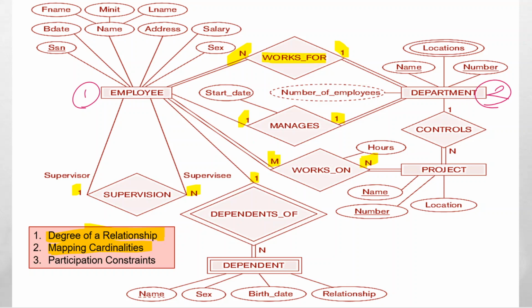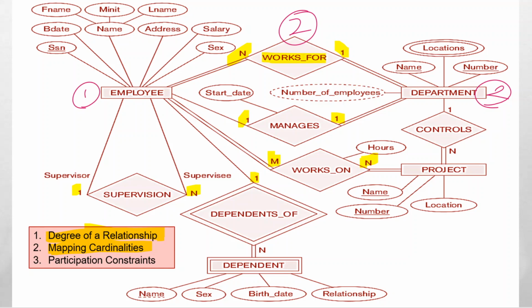So we have two entities related with the works for relationship. So the degree of the works for relationship is 2, because we have two entities linked with this relationship.